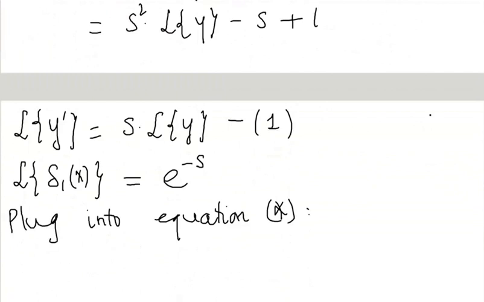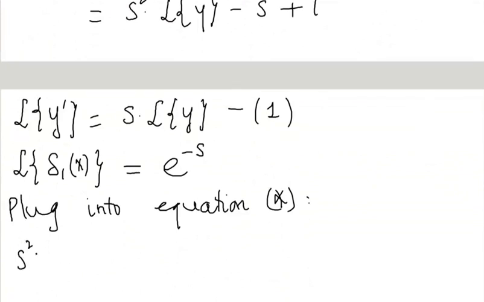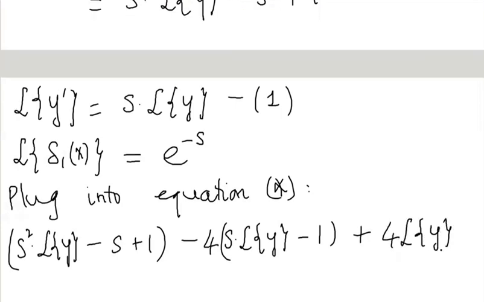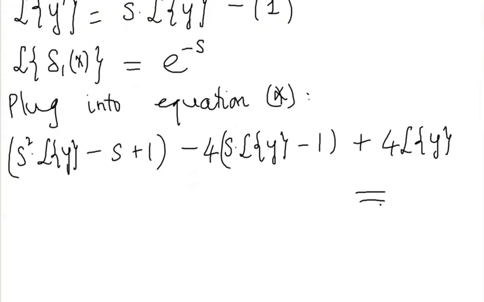So we have Laplace transform of the second derivative, which is s squared Laplace transform of y minus s plus 1, in parentheses, minus 4 times Laplace transform of the first derivative, s times Laplace transform of y minus 1, plus 4 times Laplace transform of y, and on the right hand side we have e to the minus s. Now it's time to collect terms and simplify things. Don't forget to distribute in.